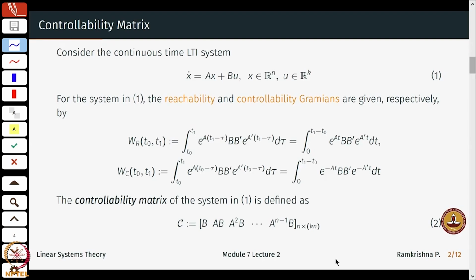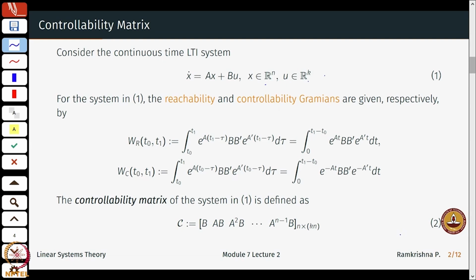Okay, so let's focus here on LTI systems, where the equations look a little nicer than for LTV systems. So I start with x dot equal to Ax plus Bu with again x in Rn, u in Rk. So we have k inputs for the system.